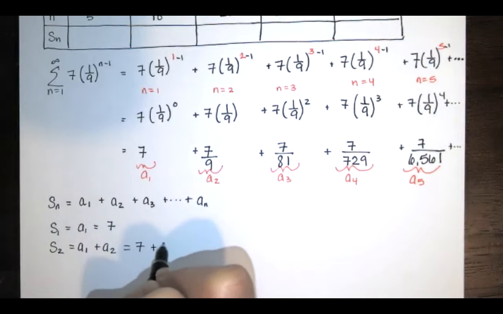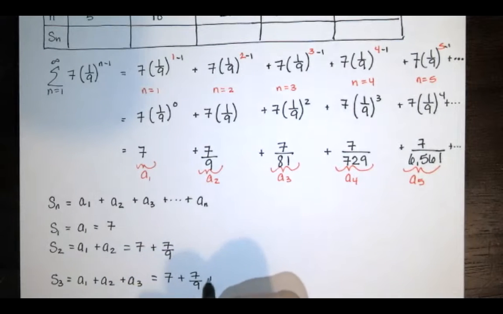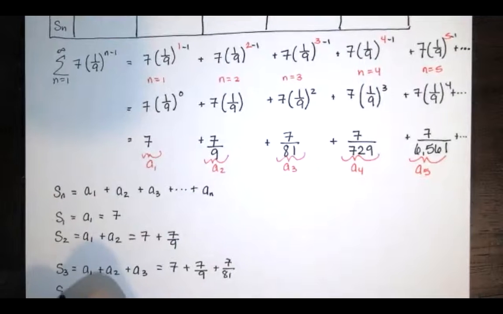So it's 7 plus 7/9, whatever that is. Of course, you could get a common denominator and figure that out. S sub 3 is a sub 1 plus a sub 2 plus a sub 3. So we'll have the 7 plus 7/9 plus the 7/81. S sub 4 is the sum of the first 4 terms. Hopefully you get the idea.